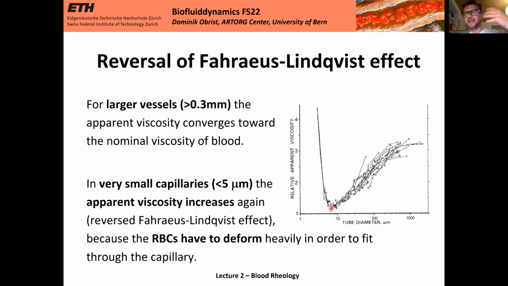That is expressed as a higher apparent viscosity. Okay, so this is kind of the explanation of the Fåhræus-Lindqvist effect. Both Fåhræus and Fåhræus-Lindqvist effect are based on the phenomenon of axial concentration, and both can explain this type of curve, once for the apparent viscosity and once for the hematocrit.